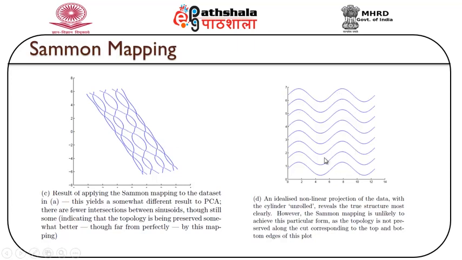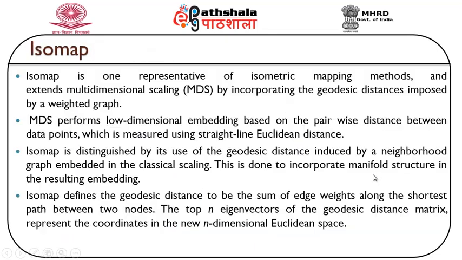The final one is an idealized nonlinear projection of the data with the cylinder being unrolled, which reveals the true structure most clearly. However, Sammon mapping is unlikely to achieve this particular form as the topology is not preserved along the cut corresponding to the top and bottom edges of the plot.